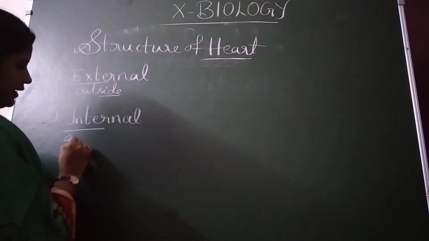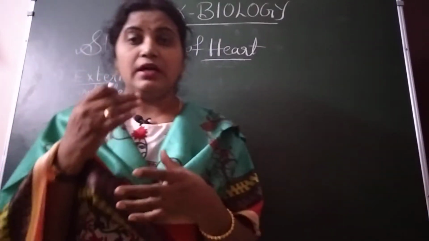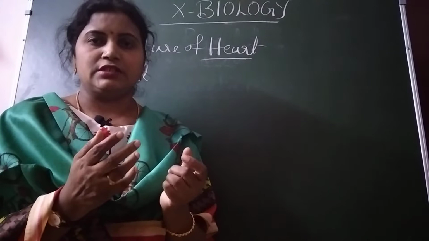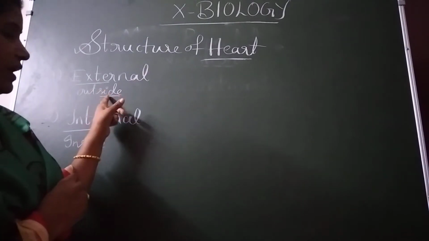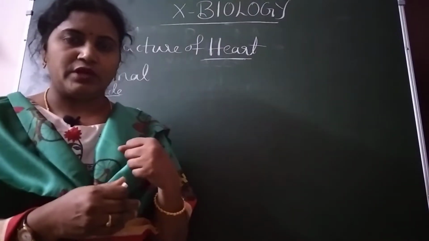Internal means from inside. If we dissect a heart, what structures we are able to see inside the heart, that is going to be mentioned in the internal structure. External means how it appears from the outside. So we'll see first the external structure.